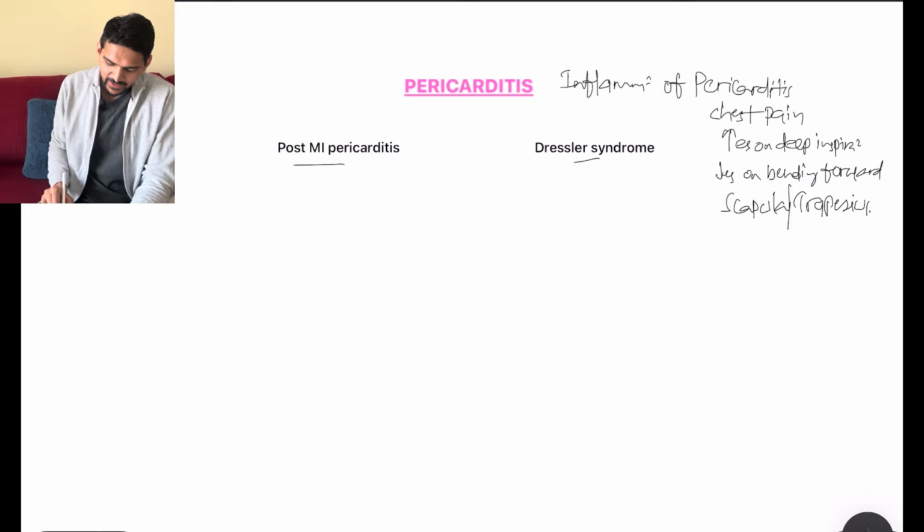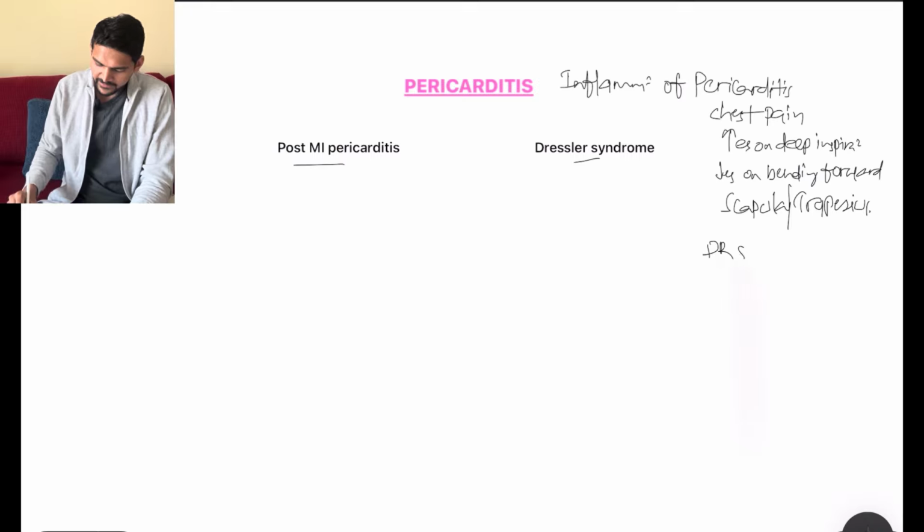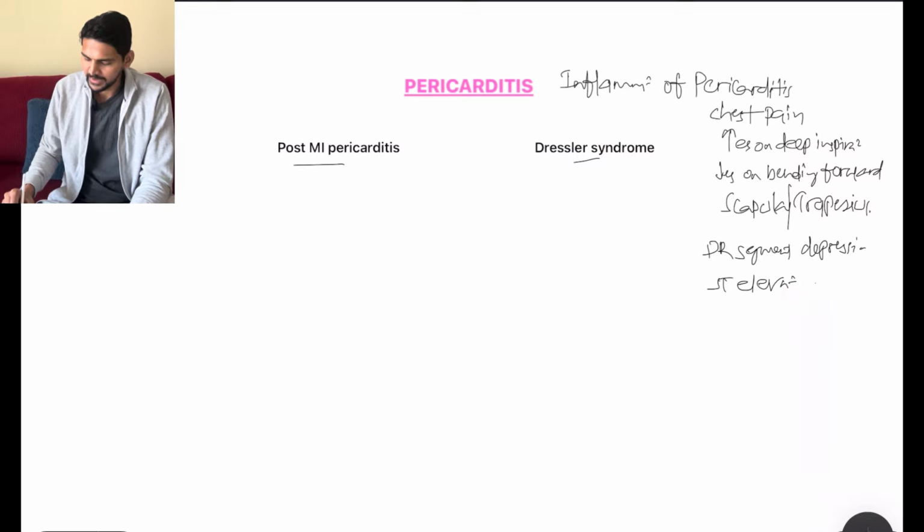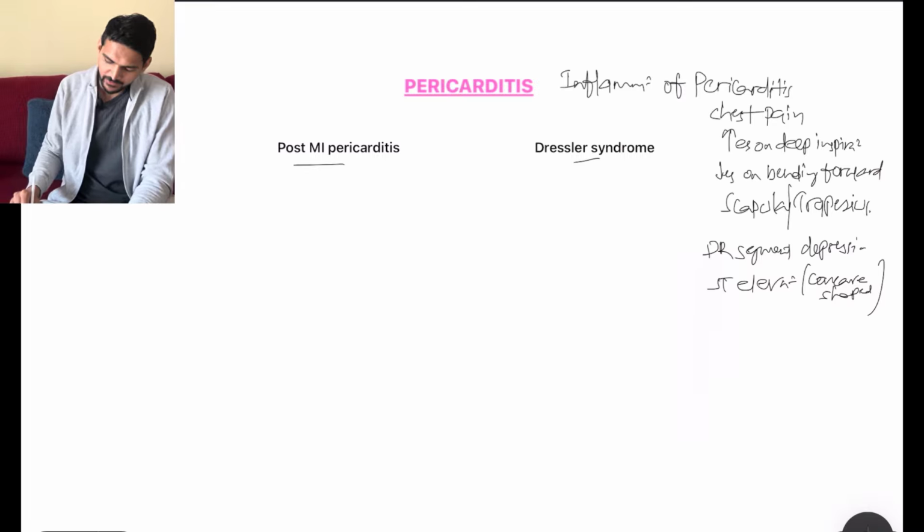Commonly what we see in pericarditis is PR segment depression and ST elevation in the majority of the leads, and this ST elevation will be concave shaped, because usually in ST elevation MI it will be a convex shape of ST elevation. So these are the typical ECG findings in pericarditis, right?